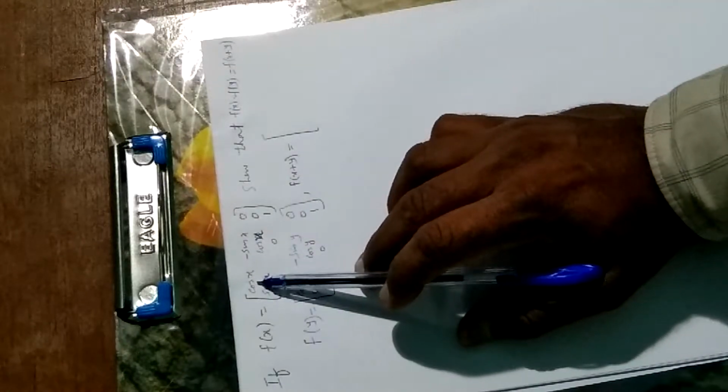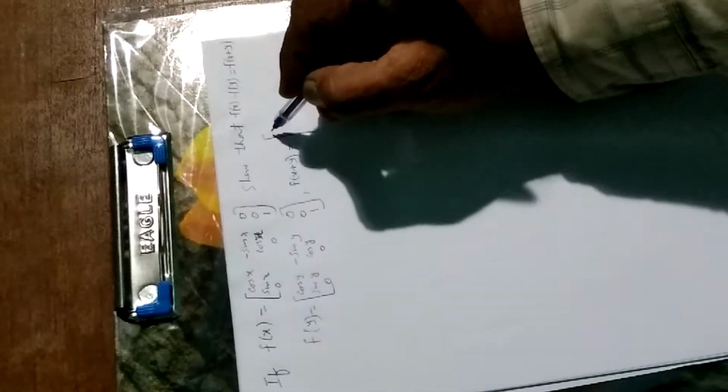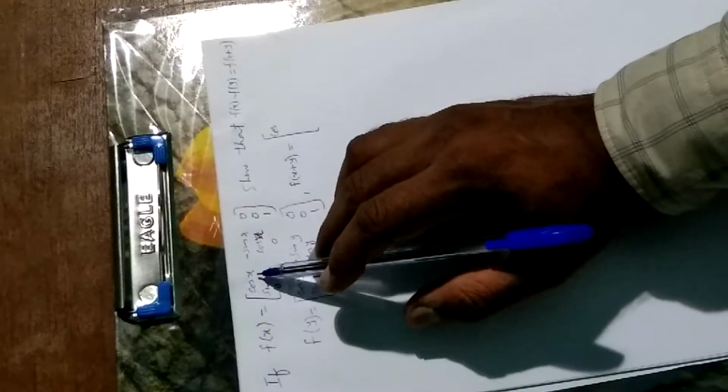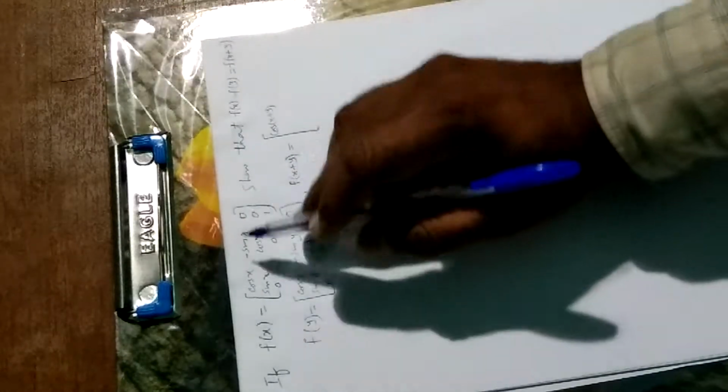So first row, first column is cos x. So that will become cos, remove x and put x plus y, cos x plus y. And the second term will be minus sin x plus y, right? Then we have 0, 0 as it is.